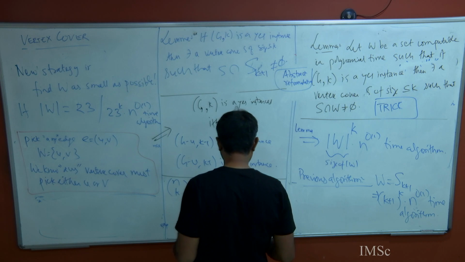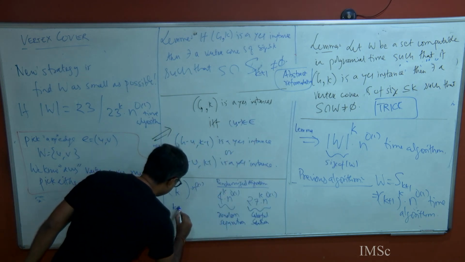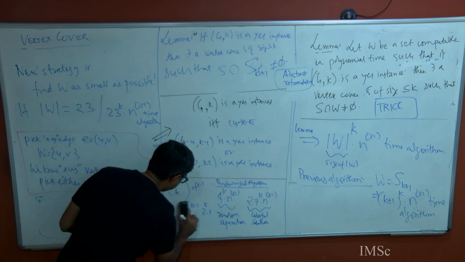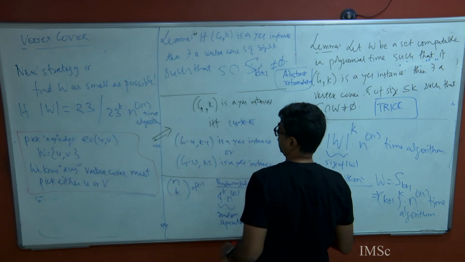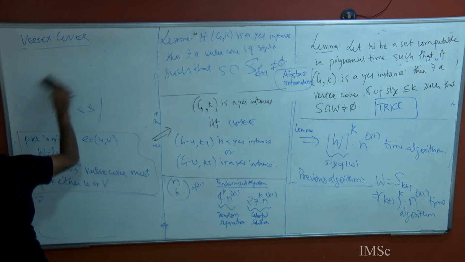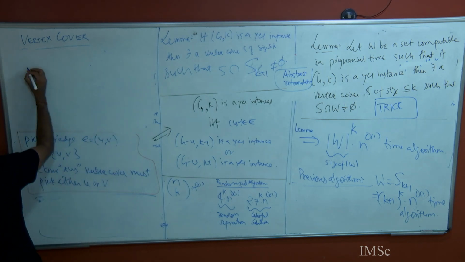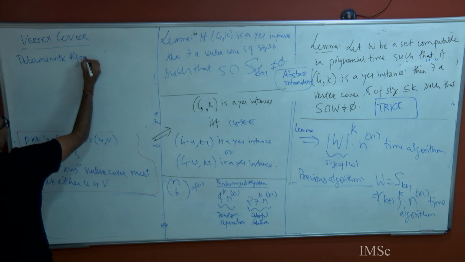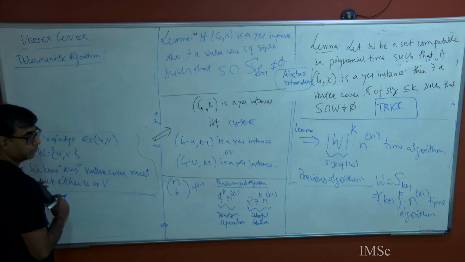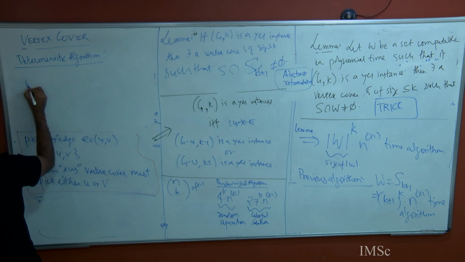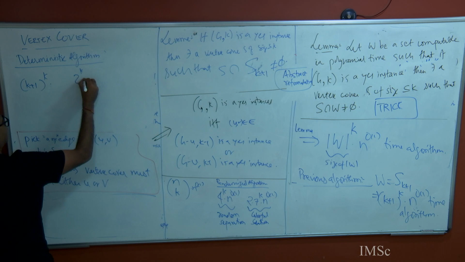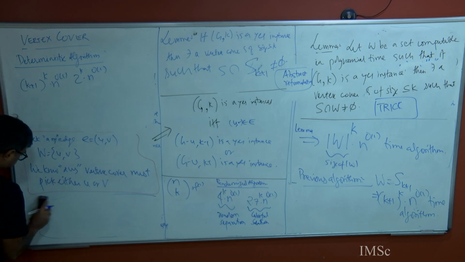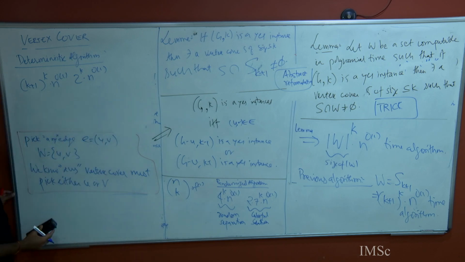And today we saw two deterministic algorithms, one with running time (k+1)^k n^O(1) and the other 2^k.